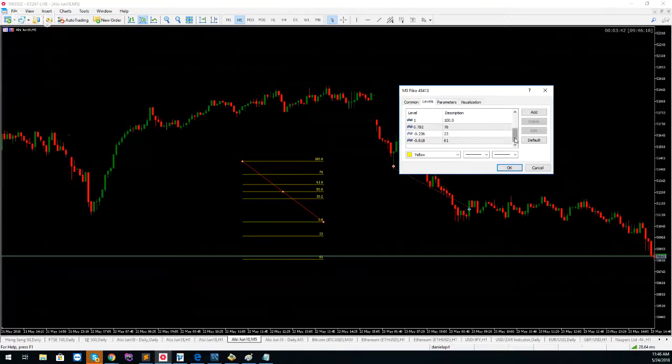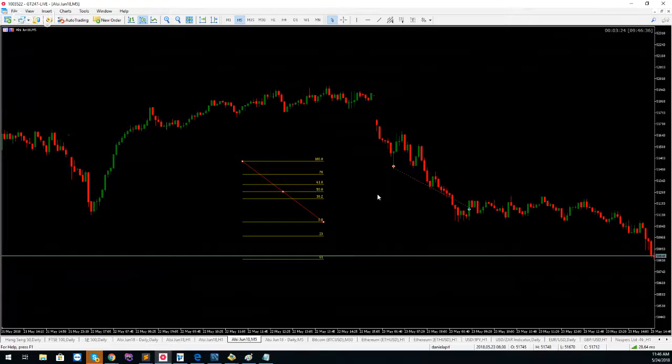Okay, so just clean all the other riffraff out of your Fibonacci and make sure that those numbers are the ones you currently have on your Fibs. All right, cool. And then you can change it to whichever color you want. Mine's yellow.